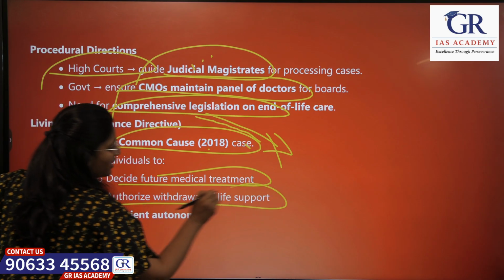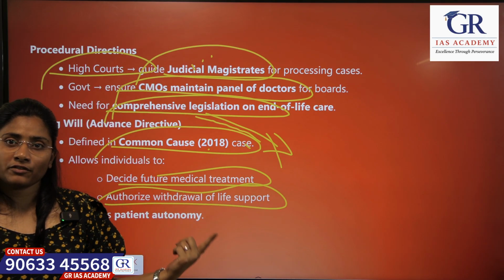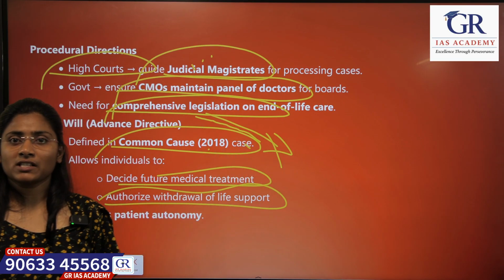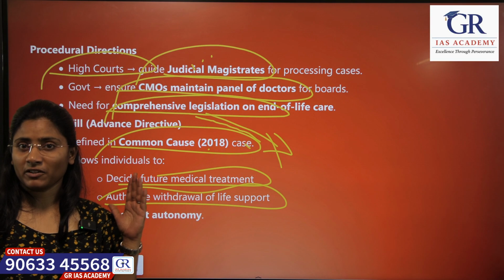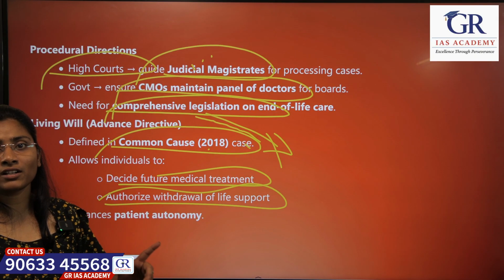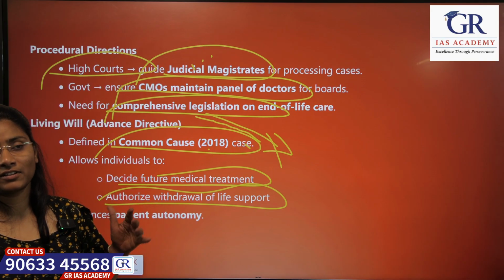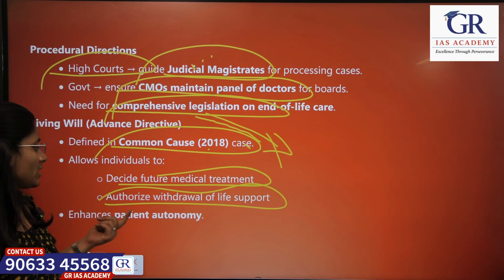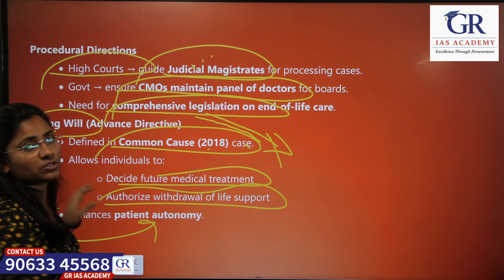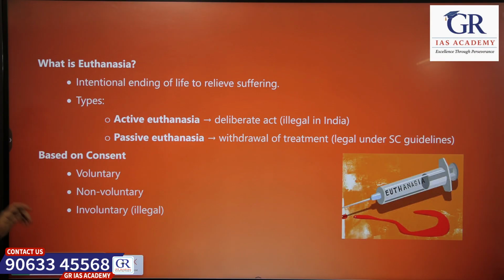And they can authorize withdrawal of life support. They can mention in their will that you can withdraw life support if I am in this kind of state, whether it can be vegetative state or coma or any situation where I can't handle or I cannot stay and live with dignity. So that's how living will gives autonomy to the patient to decide his future when he is not able to take decisions.